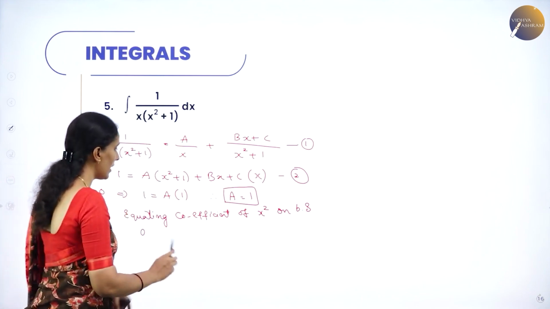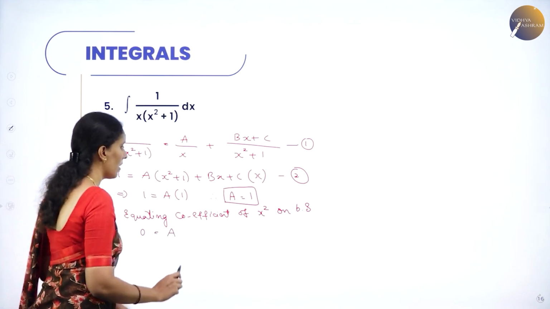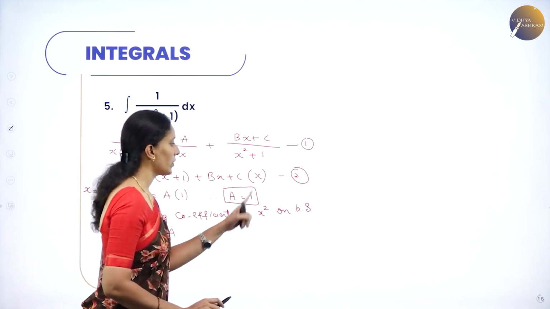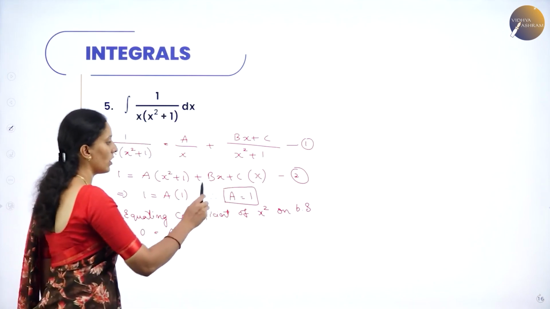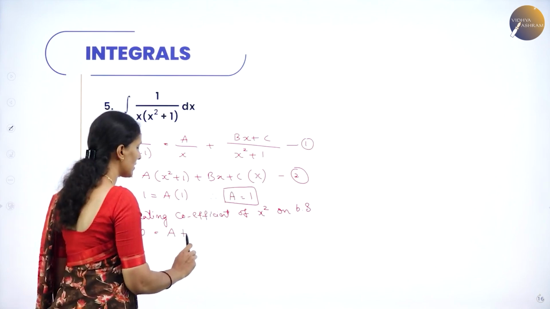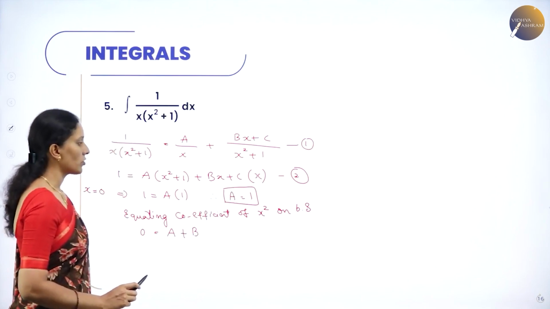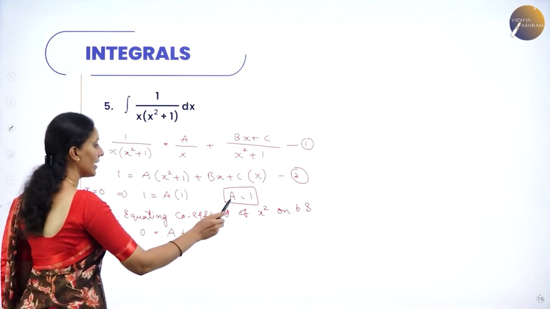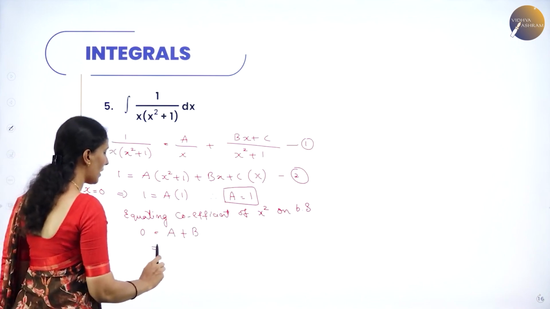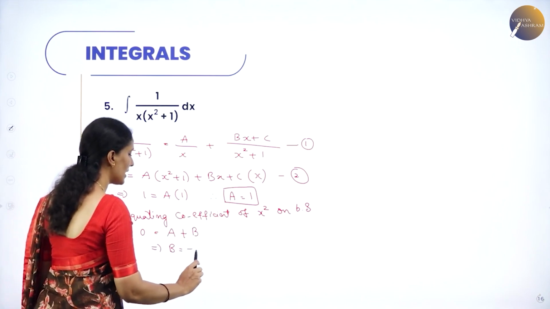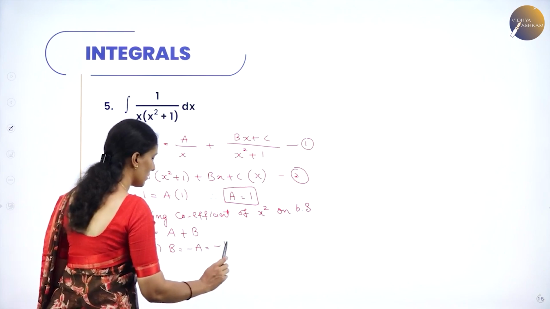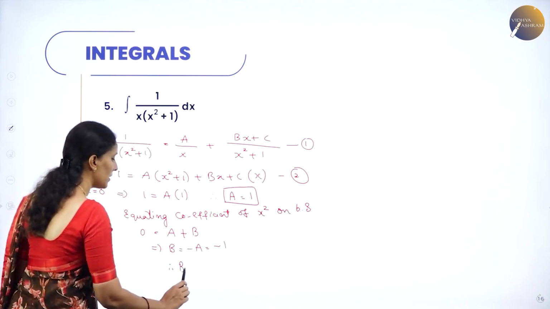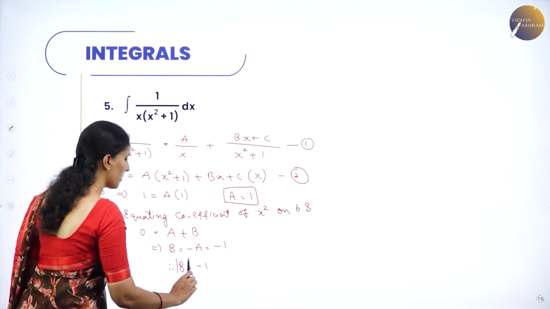On the left hand side it is A, and here you have bx into x becomes bx square. So you can take b as the coefficient of x square. Now you got A is equal to 1, so b is equal to minus A, which is nothing but minus 1. So the value of b is minus 1.